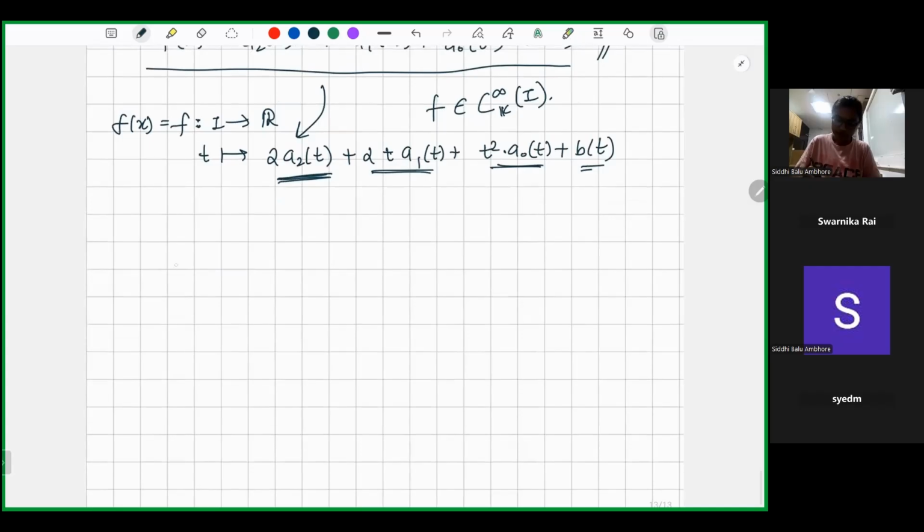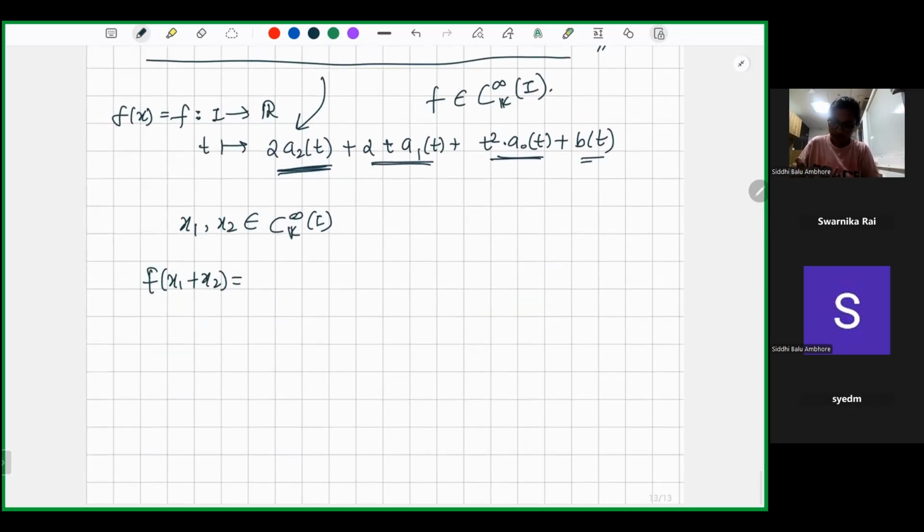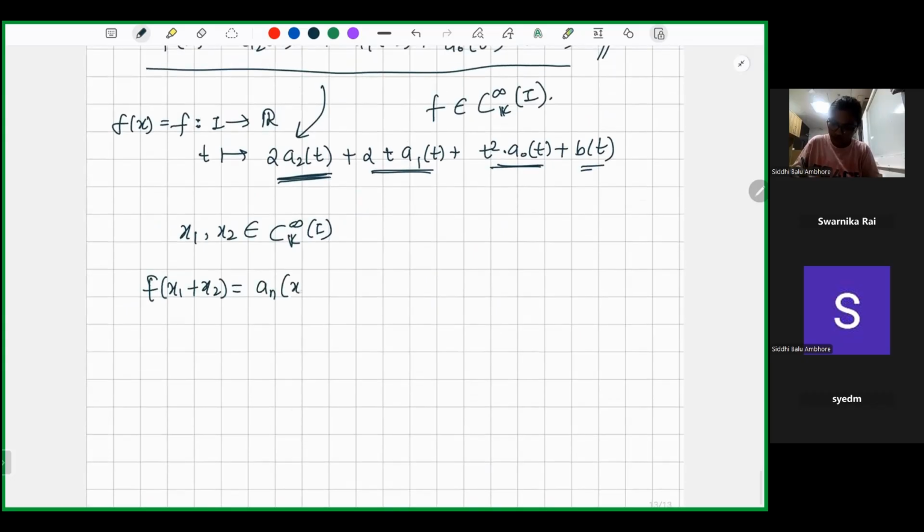So if I take x1 comma x2 in this C infinity I, then f of x1 plus x2 will be what? This is an of x1 plus x2 nth derivative, and so on, a1 of x1 plus x2 dot, a naught x1 plus x2, plus b.